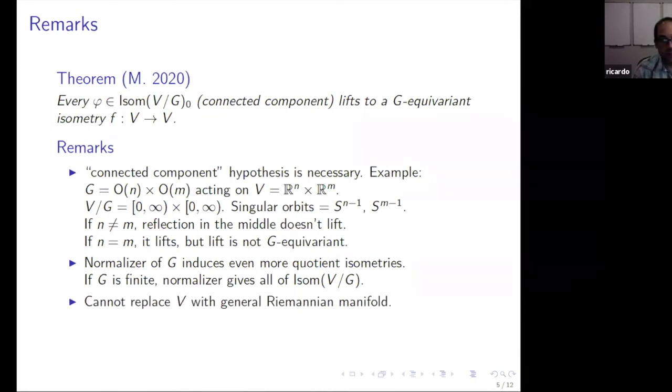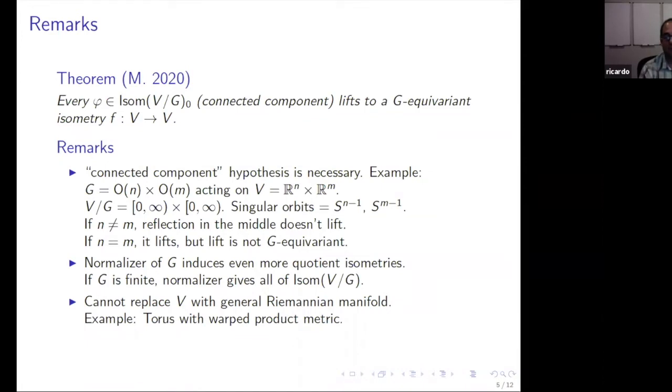And finally, last remark I want to say about the statement of the theorem is that we cannot replace the vector space V with a general Riemannian manifold, okay? So you cannot have the same statement for a group that's acting by isometries on some general Riemannian manifold. The counterexample here would be a torus with a warped product metric.